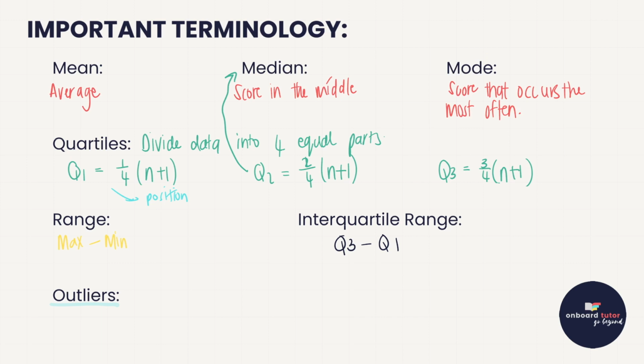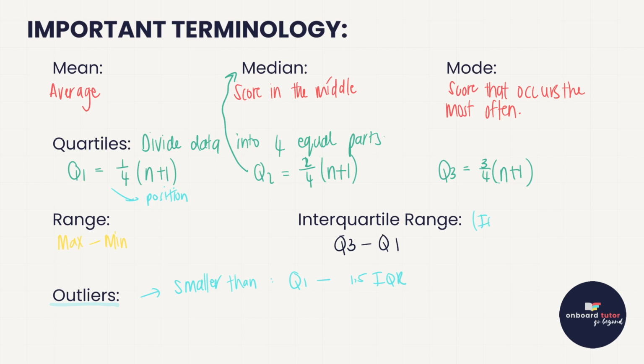Okay, and then outliers. An outlier is basically a data score that is very different from the rest, and that data score will affect the mean. And so when we are calculating things, we don't want to calculate with outliers, but we also can't just be reckless and say, well, this is an outlier because I think so. We need to be mathematical in our approach. And so what we do is we say an outlier is anything smaller than quartile 1 minus 1.5 times the interquartile range.